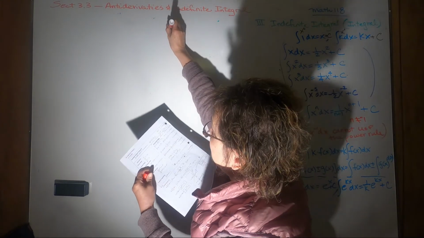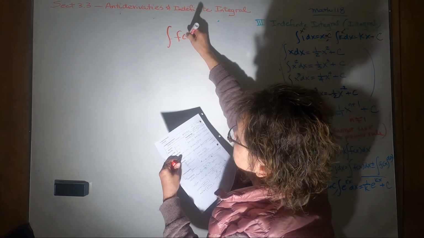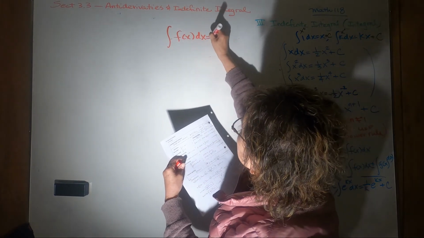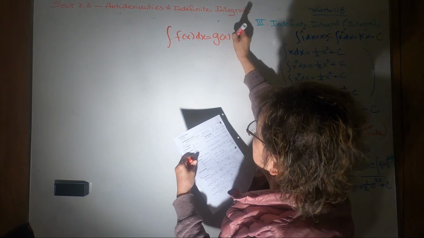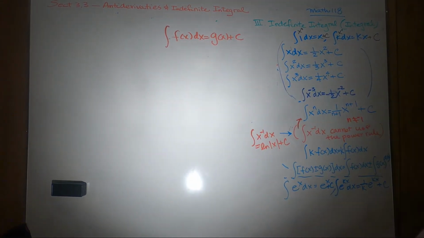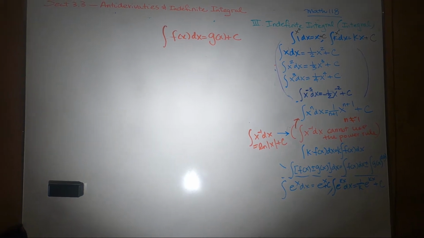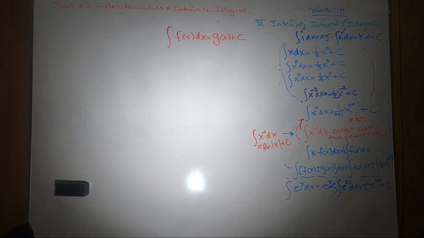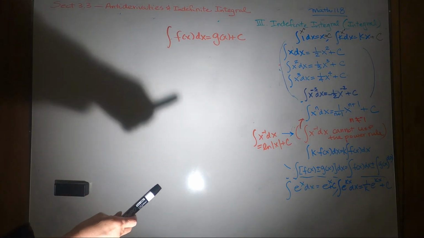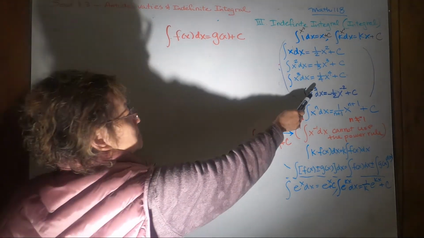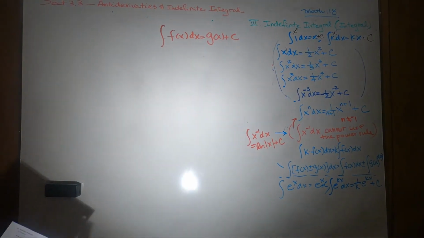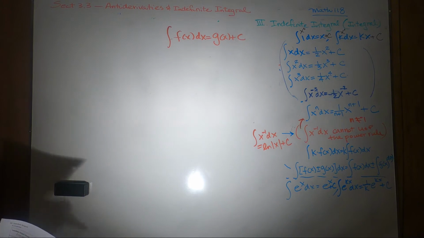Okay? If I have the integral of f of x dx equals g, right? I have a function and I take the antiderivative. Then I go back to another function. It means what?